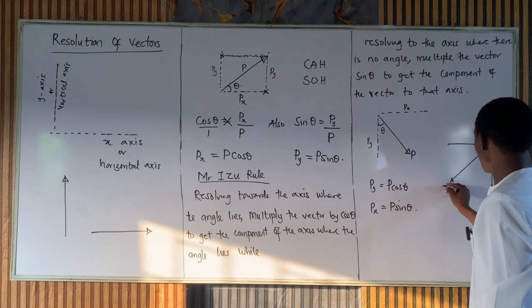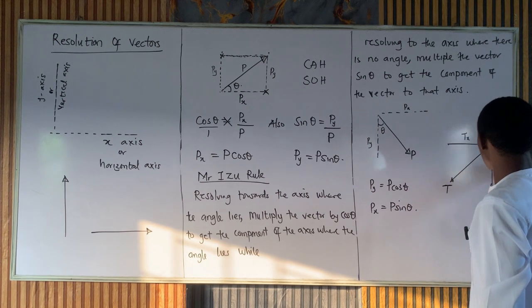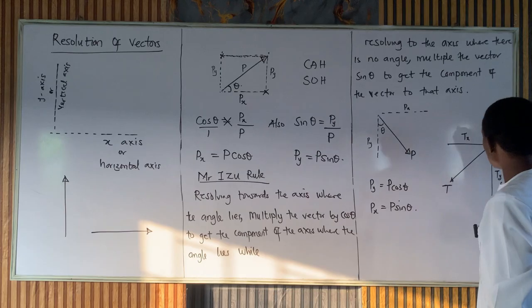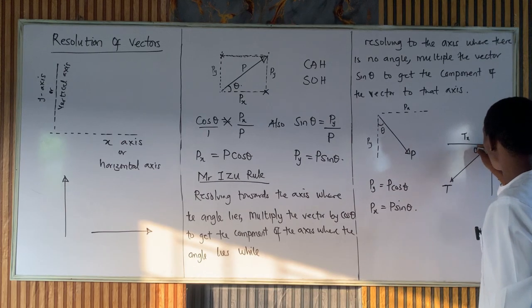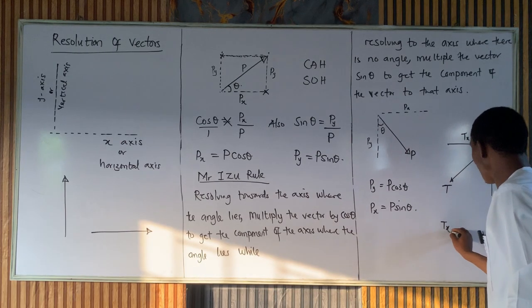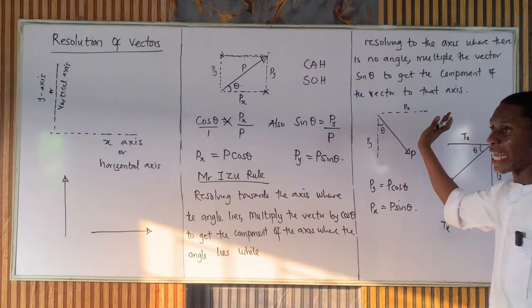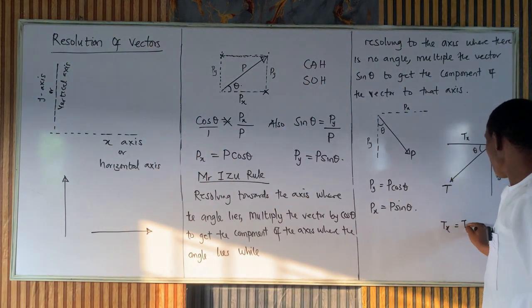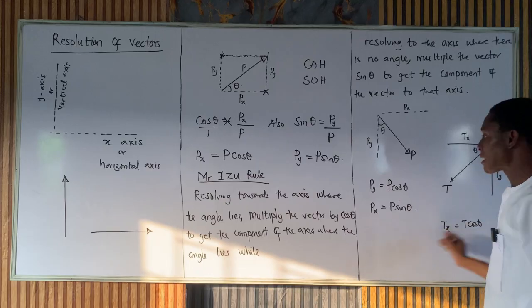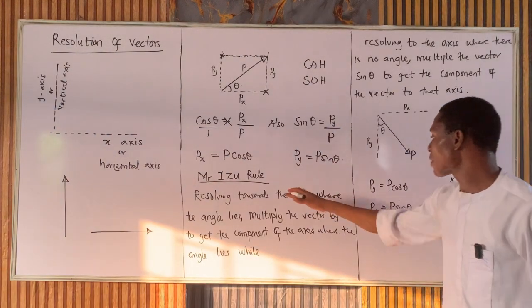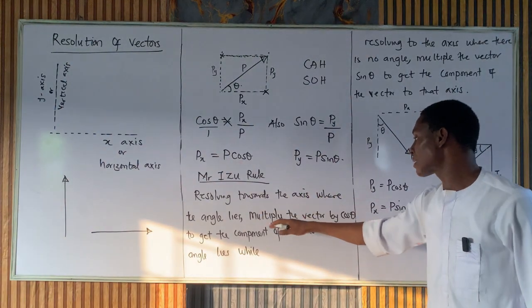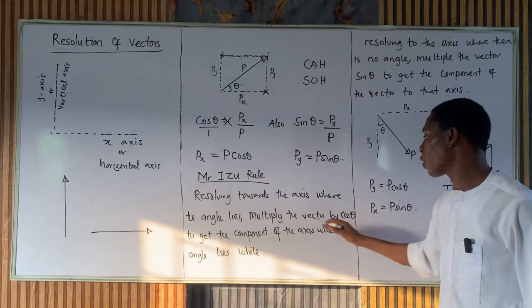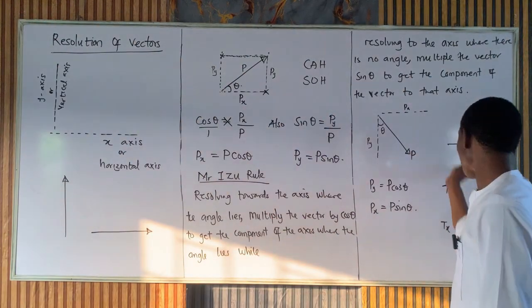Look at this again now. Let's say this is T, and this is Tx, and this is Ty. Let's assume the angle is here. Obviously, what will be Tx? Resolving towards the axis where the angle lies, that will be multiplying the vector T by cos theta. That's what the rule is saying. Resolving towards the axis where the angle lies, multiply the vector by cos theta to get the component of that axis.